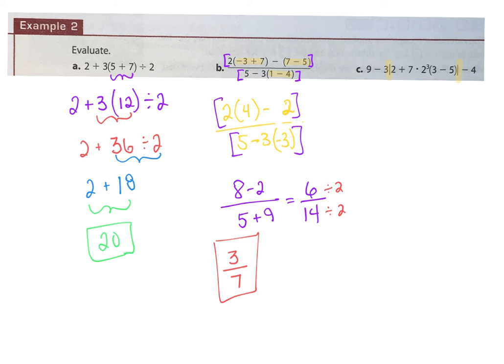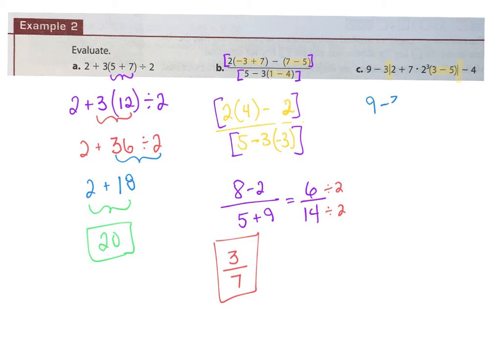And then the last thing has absolute value. The absolute value works as the outer grouping, and then I'm going to do my innermost grouping and all of my order of operations within that absolute value before I apply the absolute value and continue on with the rest of it. So I'm going to start with this grouping here, and then I'm going to move from there. The first thing I'm going to do is that 3 minus 5.